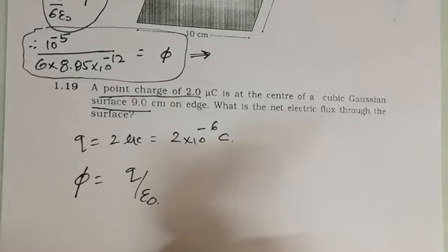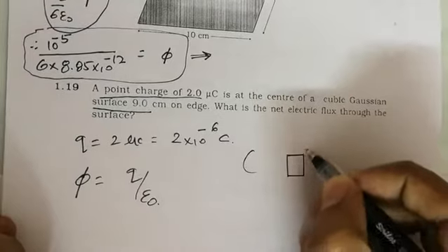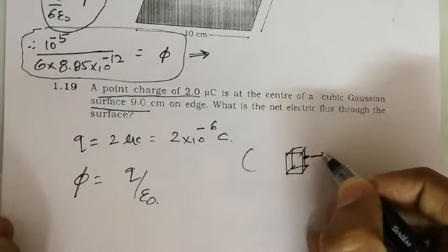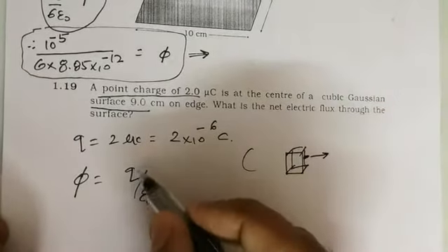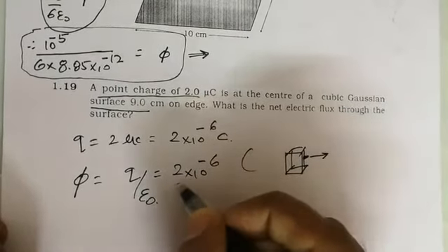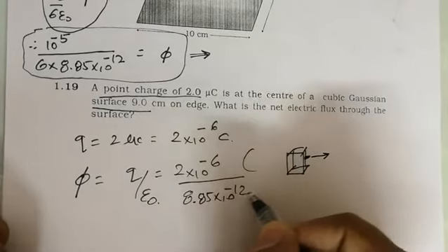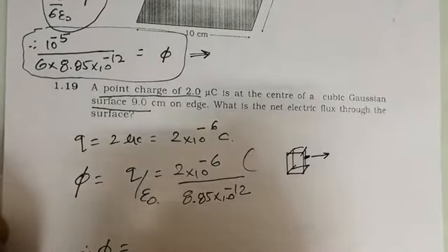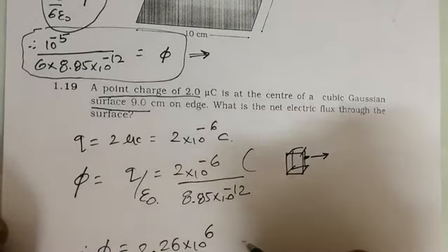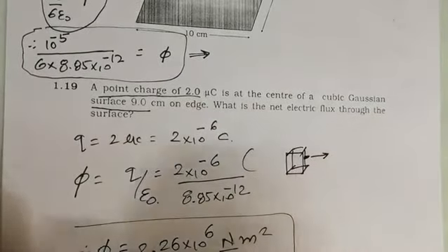Our charge is on this surface, that is why we have, let's say, a cuboid with the charge on the surface. That is why flux will be Q by epsilon 0, value of Q 10 to the power minus 6, value of epsilon 0 is 8.85, 10 to the power minus 12 going in the numerator, giving us a plus. We will have 2.26 cross 10 to the power 6 Newton meter square upon Coulomb.